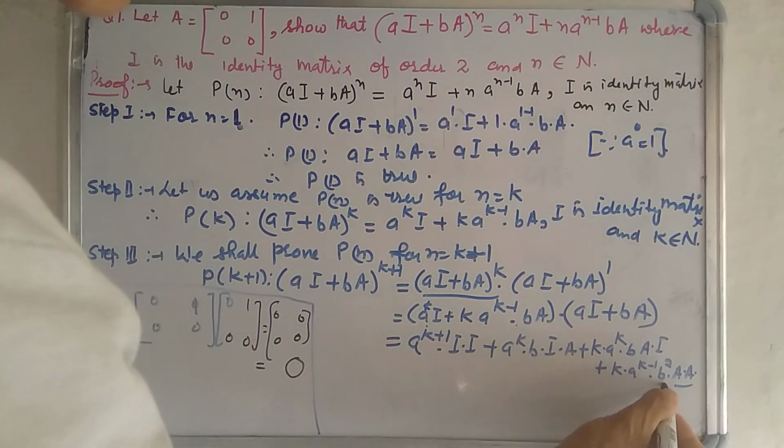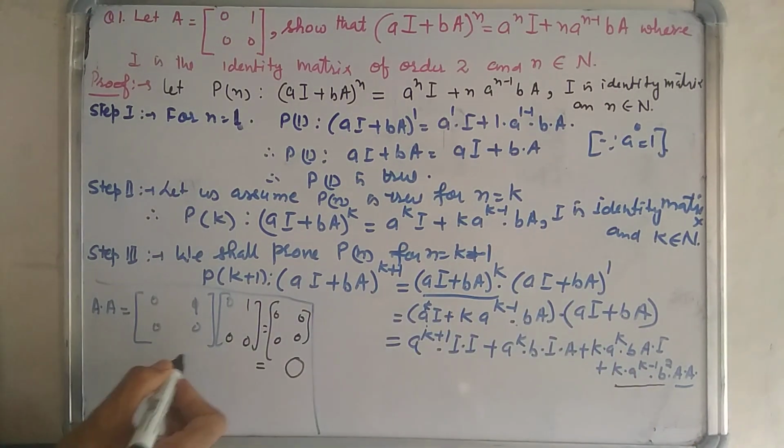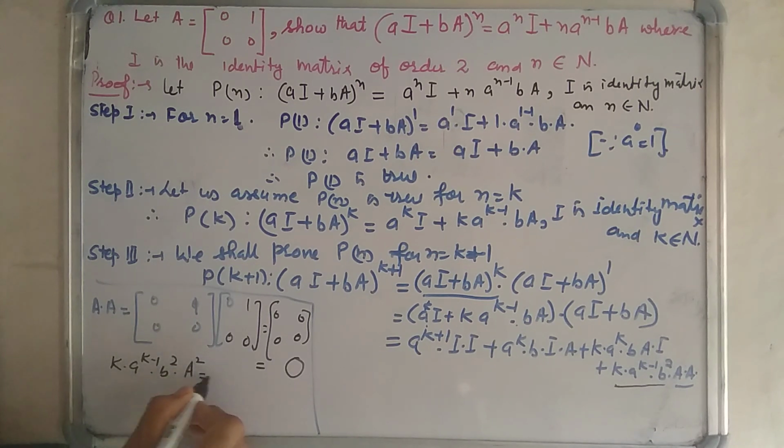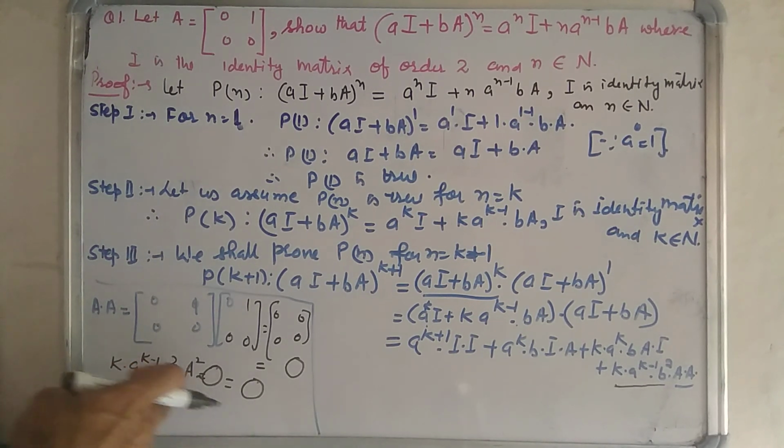When we multiply this factor, k into a^(k-1) into b squared into A squared, into the zero matrix, it is again zero. This is scalar multiplication of a matrix, so every element is multiplied with this element, so all become zeros.